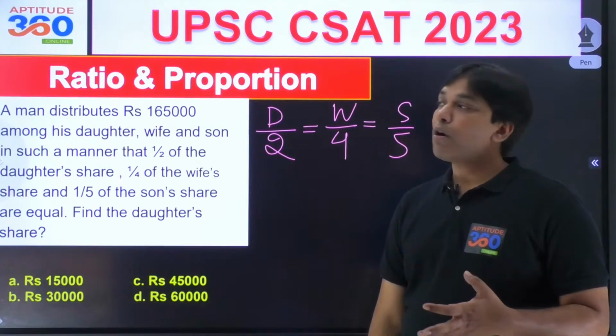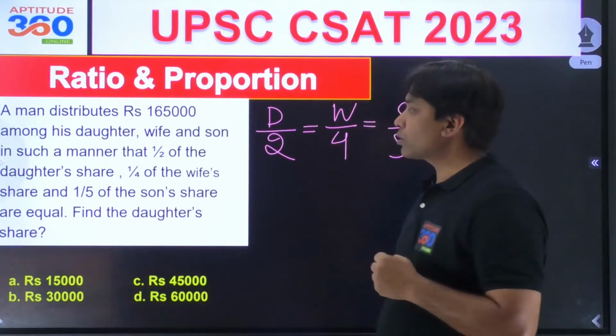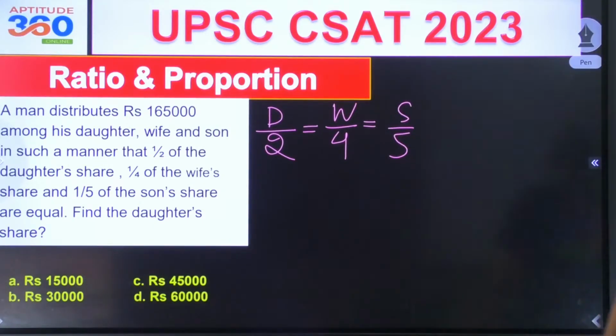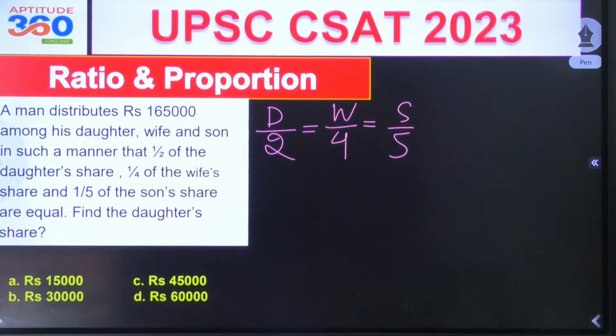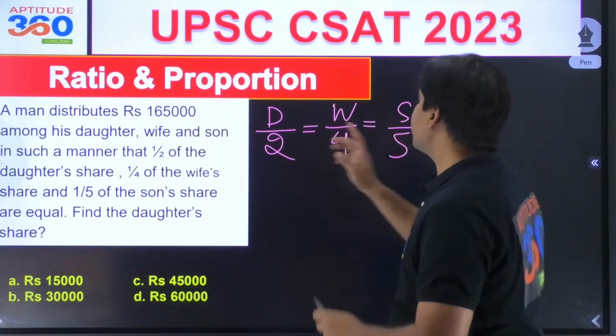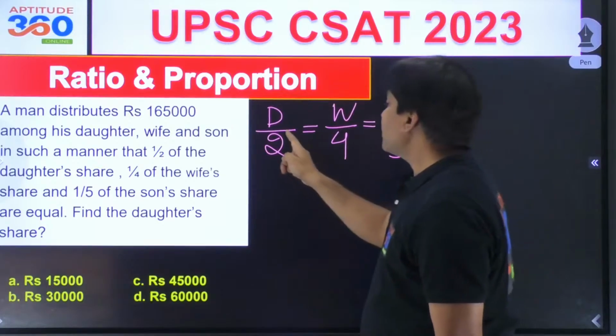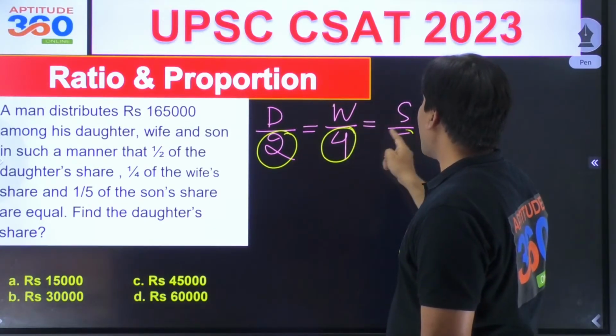A man distributes 1,65,000 among his daughter, wife, and son in a manner... एक तो हमारे को ये समझ में आना चाहिए कि why am I writing half of daughter, 1/4 of wife, and 1/5 of son.